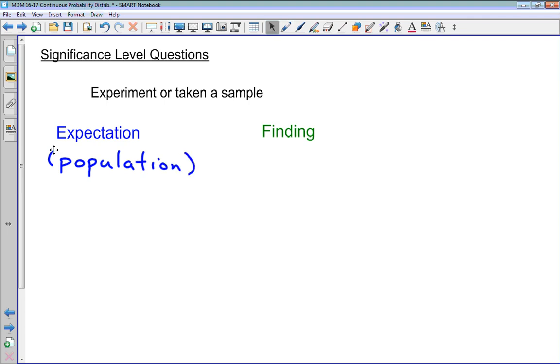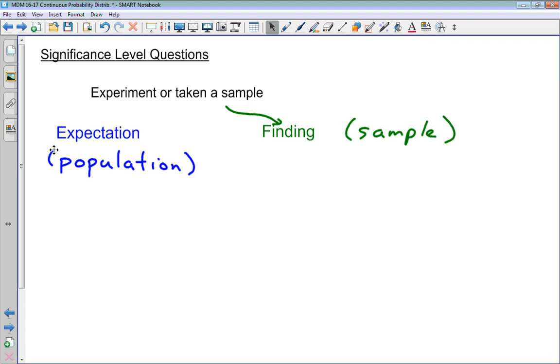Now, from your sample, you come up with some finding, some result based on this sample. And the question you're always asking is, are the findings of the experiment or the findings from the sample different than what you expect given what you know about the underlying population?